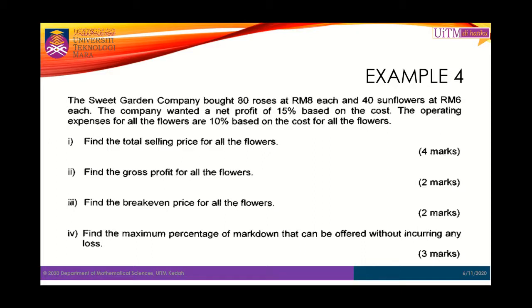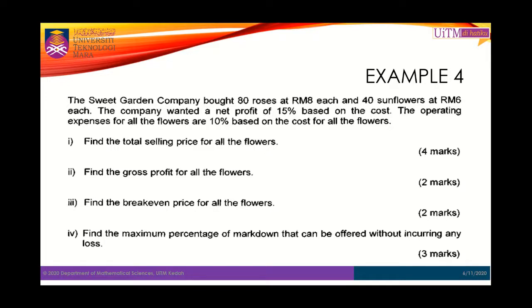So in this case, the first question asks you to find the total selling price, and then the second one, you have to find the gross profit. It doesn't have the word total, but it says for all the flowers. Same thing with the third one, break-even price for all the flowers.